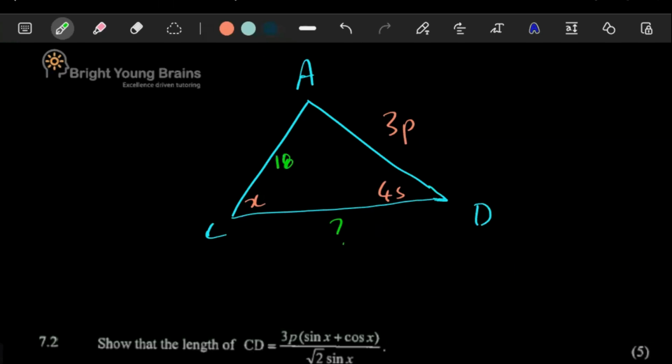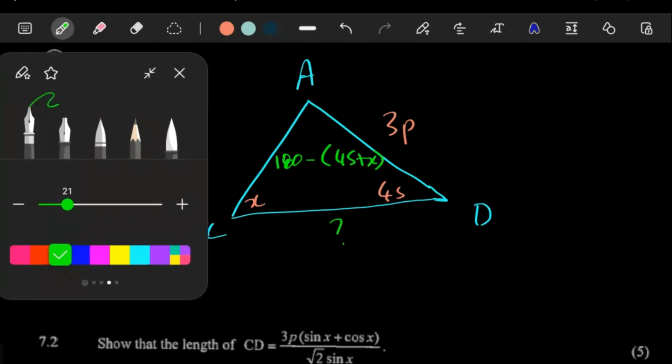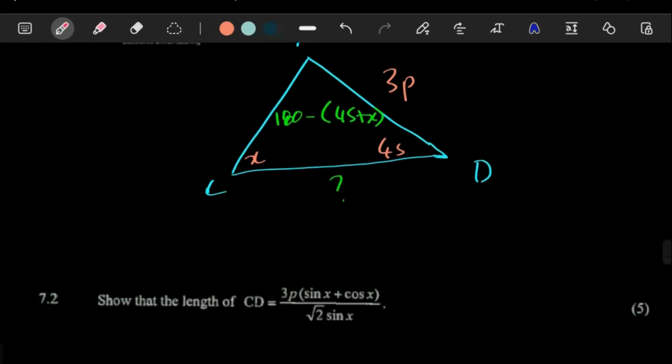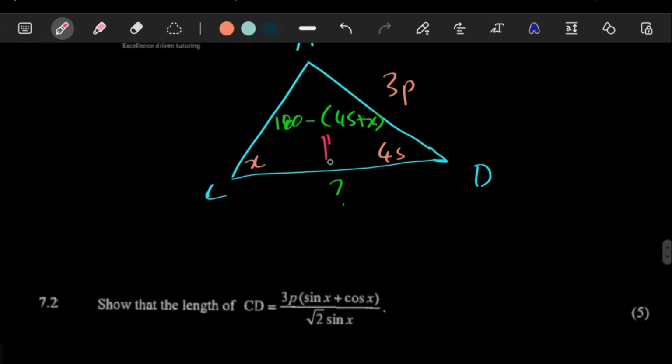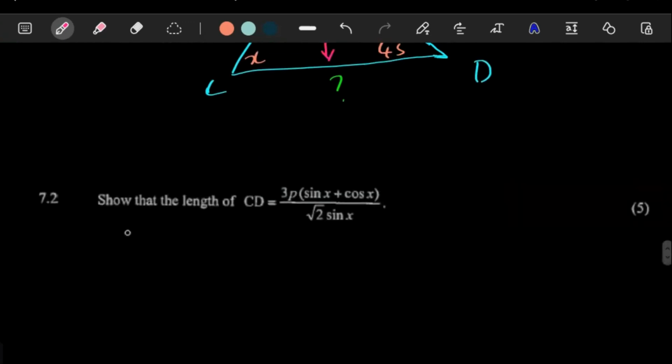So 180 minus the 45 and the X. I think writing it like this for now may be the best. In this situation, it looks like we may have to use the sine rule, because we have an angle and the opposite side is missing. Here we have an angle given and the opposite side given. So let's use the sine rule.